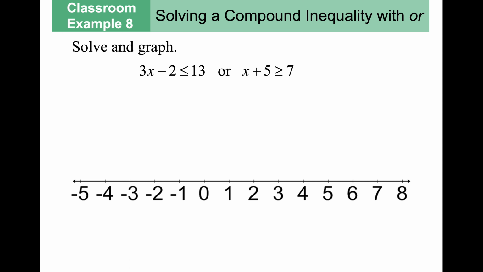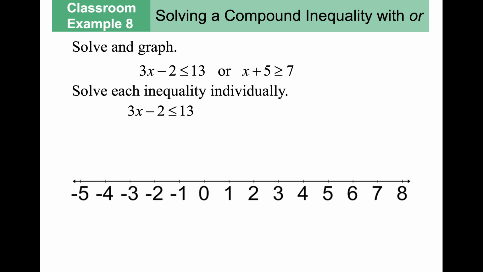Let's look at one more example. I'm going to solve it by adding 2 to both sides, dividing by positive 3. This time, I have a set where I'm looking at numbers that are less than 5, but greater than 2.